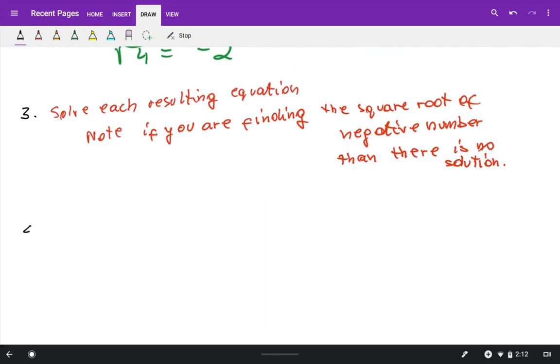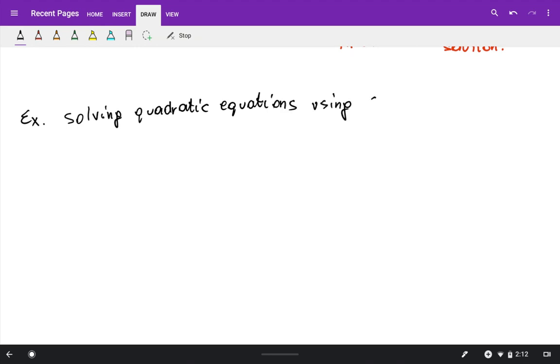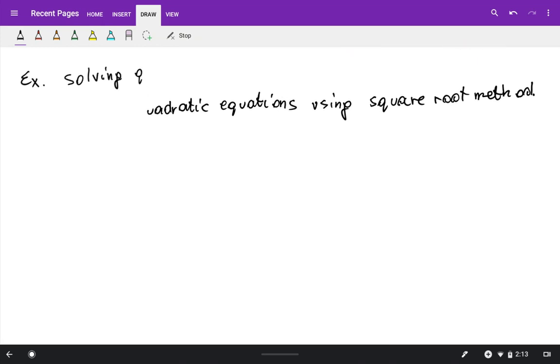So examples, using square root method. Okay, so let's start easy.